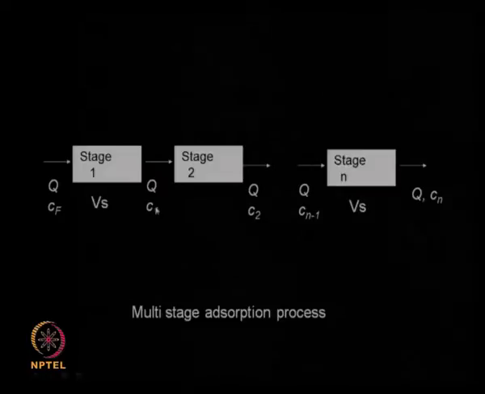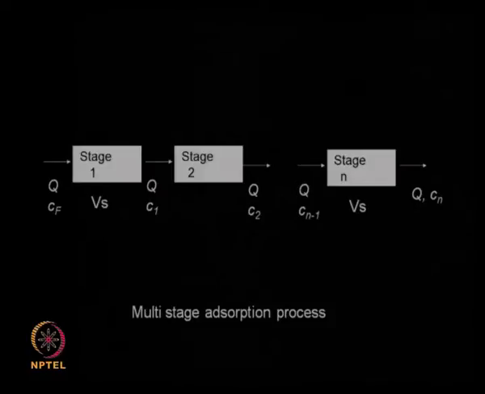So the concentration of the solute entering is C1, concentration of the solute leaving is C2, and so on until finally you will have Cn, that is the concentration of the solute coming out at the nth stage. So each stage could be considered as an ideal well mixed situation, and there are n stages where things are happening. So this is a multi stage discrete stage model.